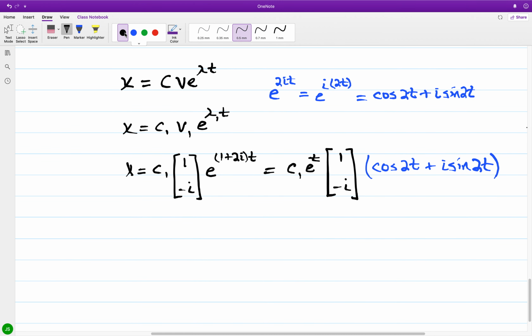If I look at distributing, for x of 1 of t, I have c1 times e to the t times 1 times the cosine of 2t, plus c1 e to the t times 1 times i times the sine of 2t. So we have c1i e to the t times the sine of 2t.